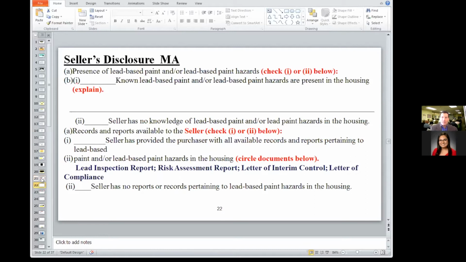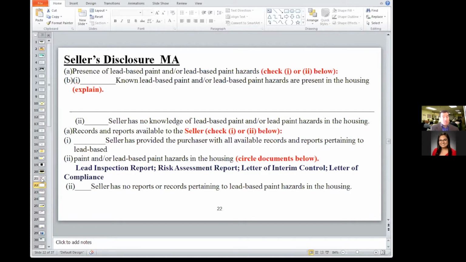Are you aware of it, or do you have no knowledge? She goes, well, I don't really know anything about that. Okay, then why don't we fill out B-II? B-I would say she has known something. B-II says she doesn't know anything.